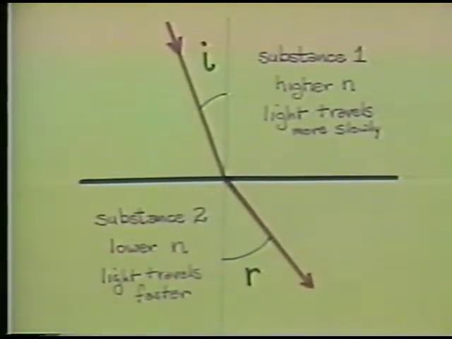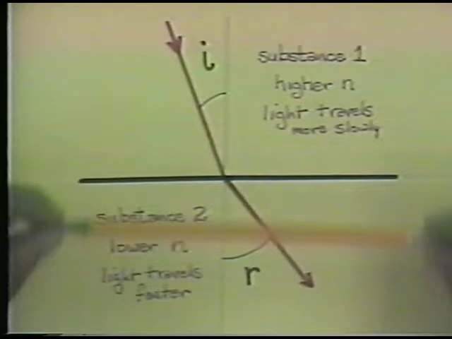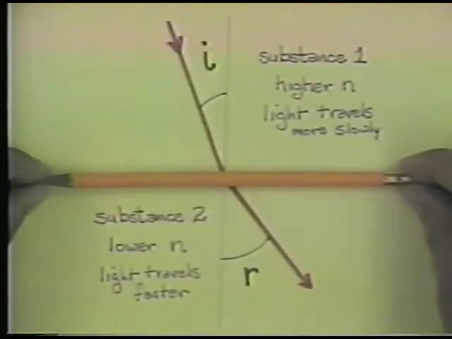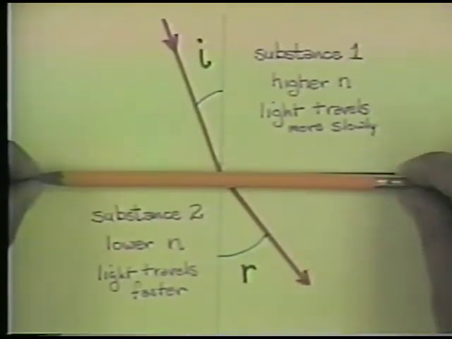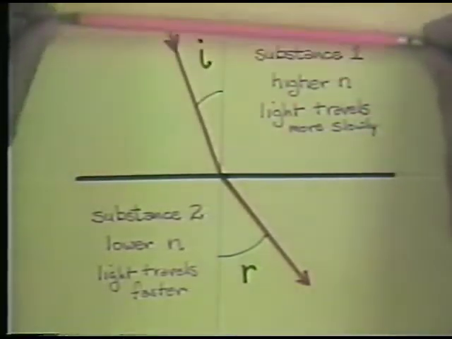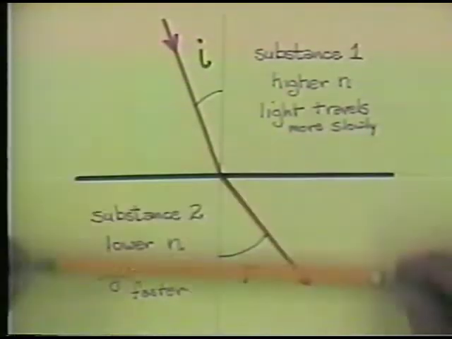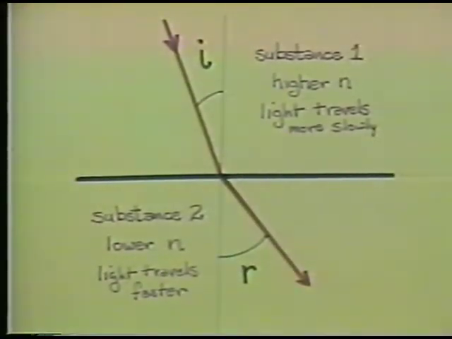You could think of this interface as, let's say, the boundary between a crystal up here at the top and air, for example, at the bottom. The crystal has a higher index of refraction, so light travels more slowly within it. The air has a lower index of refraction, so light travels faster.